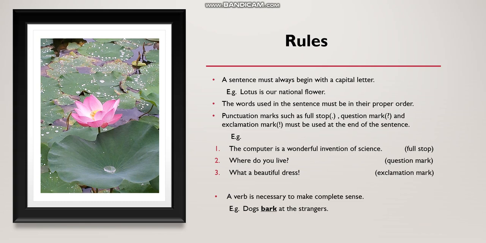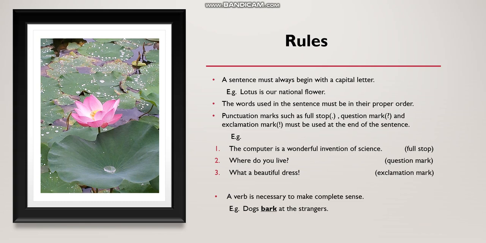I repeat, what a beautiful dress! Exclamation mark. So students, look at examples 1, 2 and 3 once again. See, after completing the sentence, we have placed a punctuation mark at the end of each sentence. So we can say, we should always use a punctuation mark at the end of the sentence.